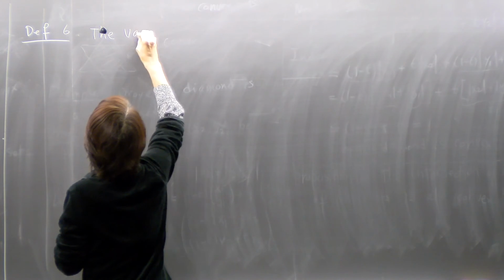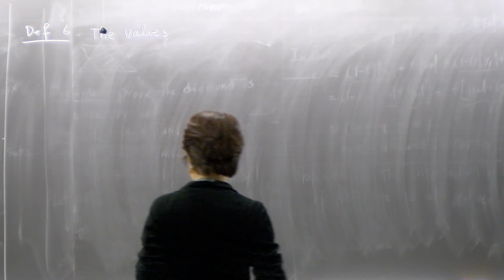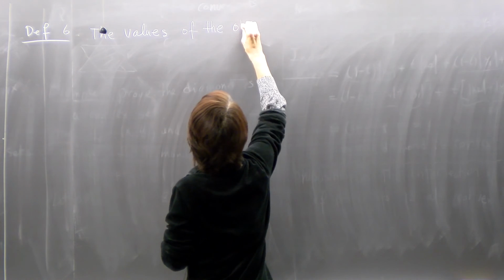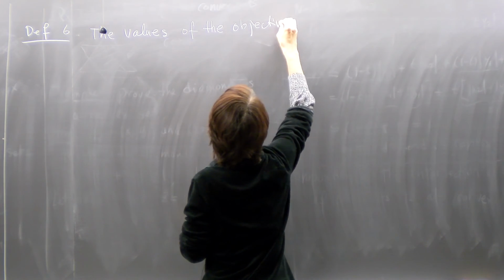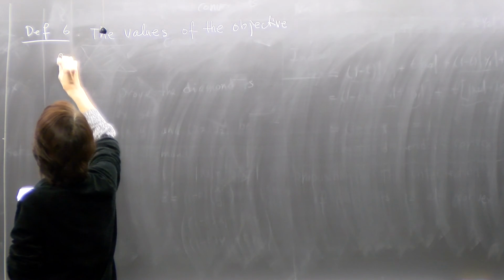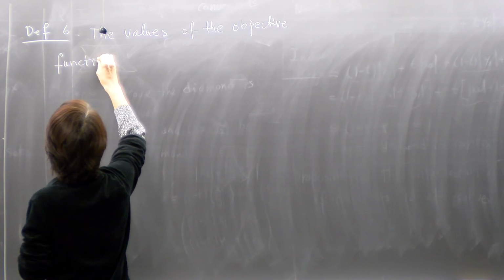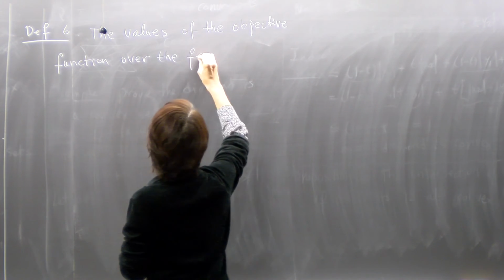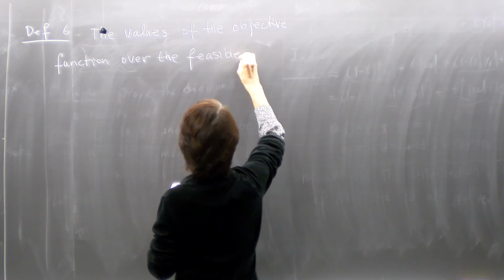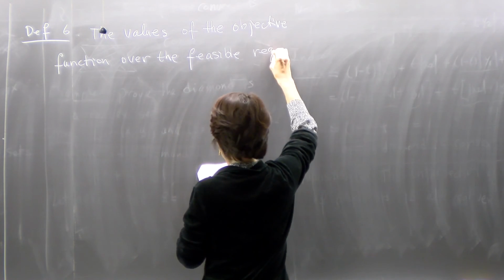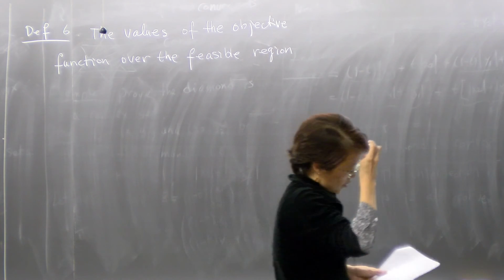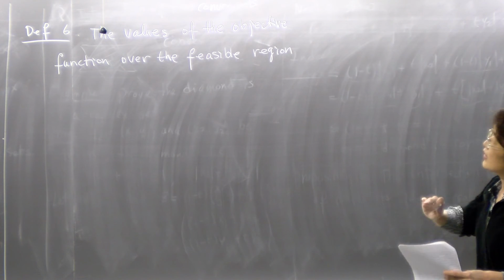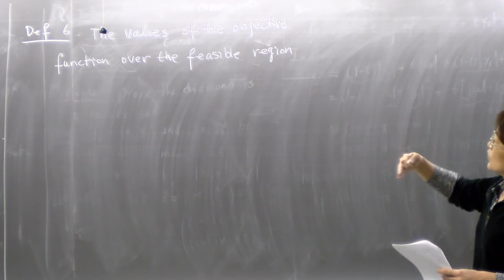So I'm restricting myself to the feasible region, and I want to see what values the objective function takes.